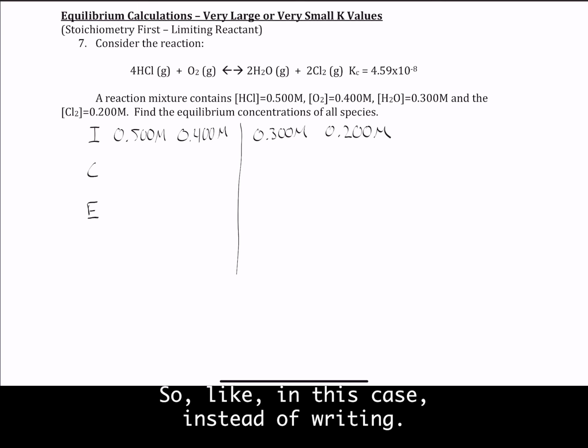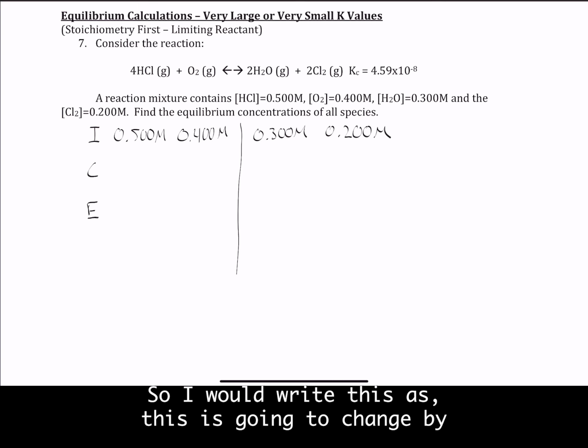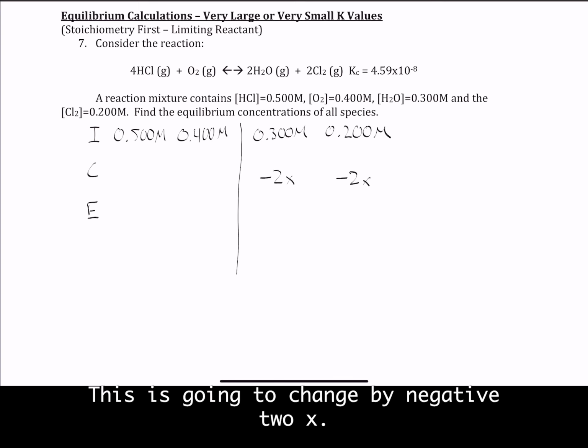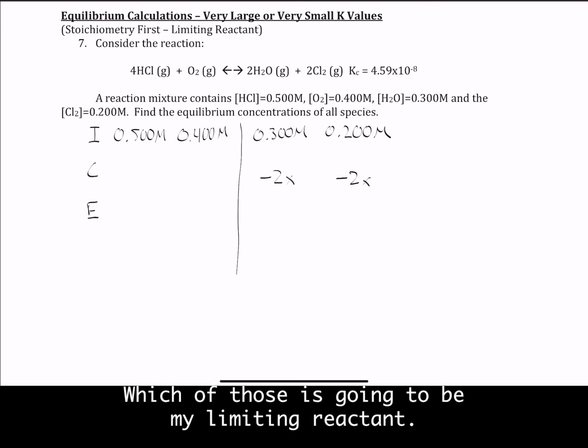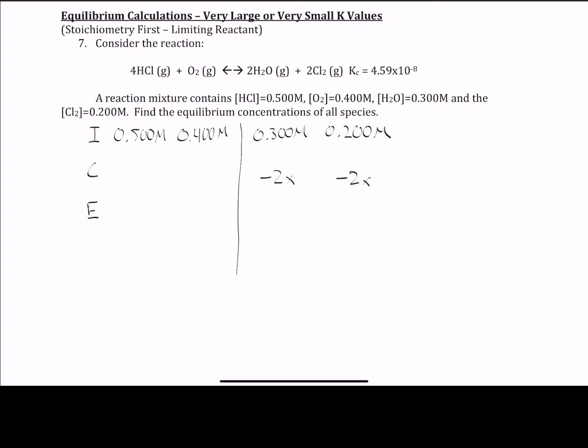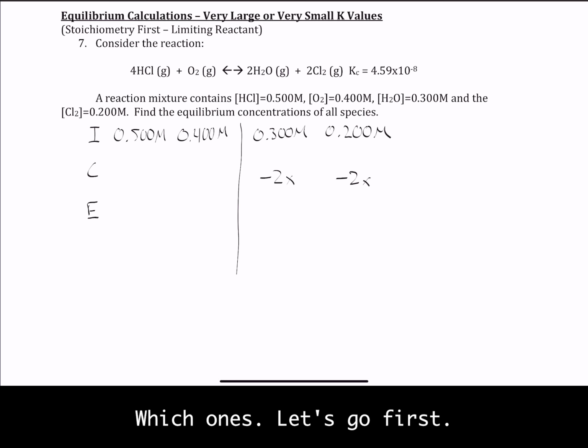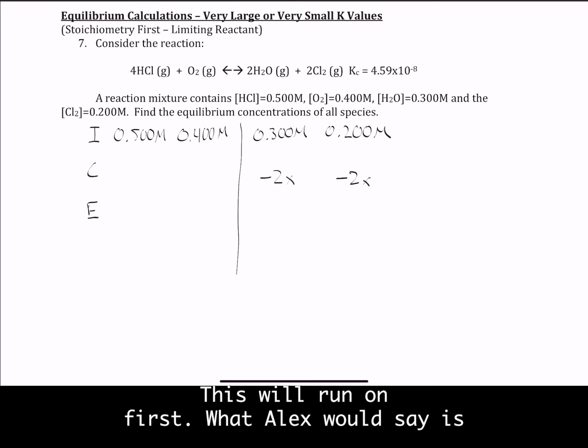So in this case, I would write this as going to change by negative 2x, and this is going to change by negative 2x. Which of those is going to be my limiting reactant? Since these are both 2, then I can just look at the concentrations. Whichever one's less is going to run out first. So this will run out first.